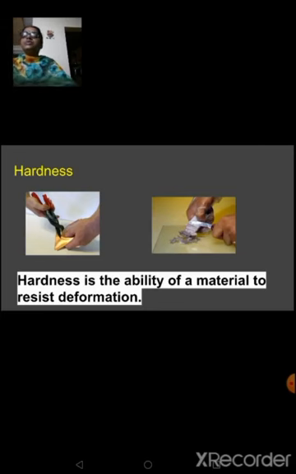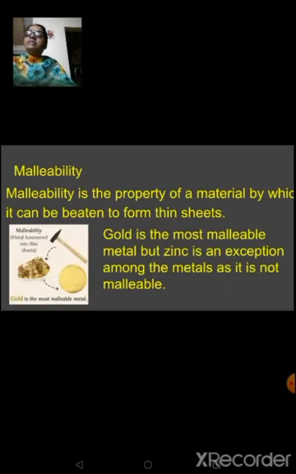Okay. Next property is malleability. Malleability is a property of a material by which it can be beaten to form thin sheets. Hardness refers to the strength, right? It cannot undergo a change in its shape that easily, but when you beat it, it can be beaten into thin sheets by constantly applying pressure over it.